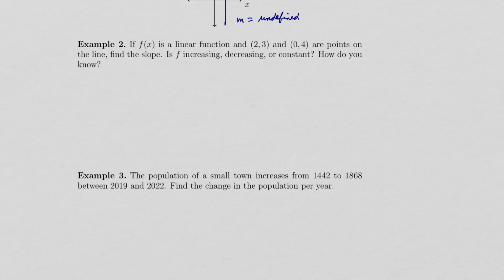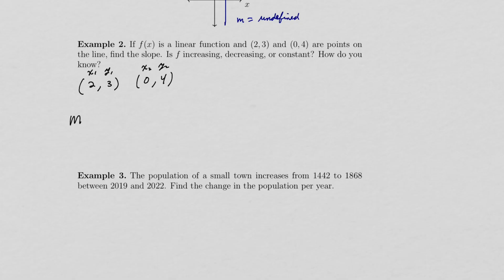And how do you know? Okay, so basically, again, we already know how to do this from chapter 2. Let's look at those 2 points. We're going to label them. The first point I will label x1, y1, and the second point I will label x2, y2.